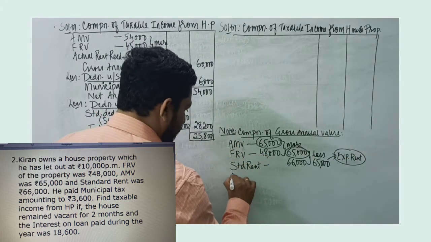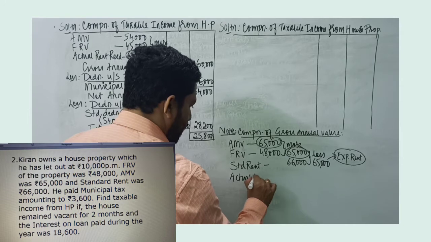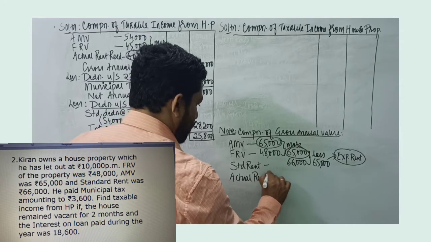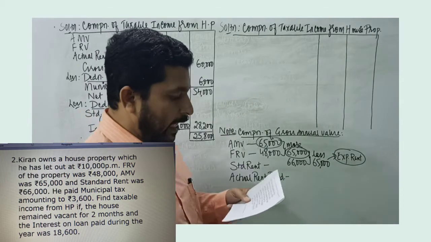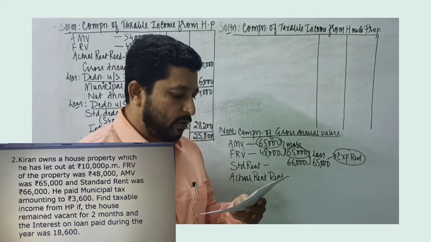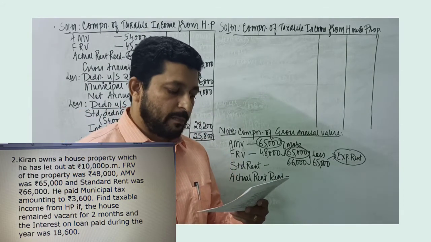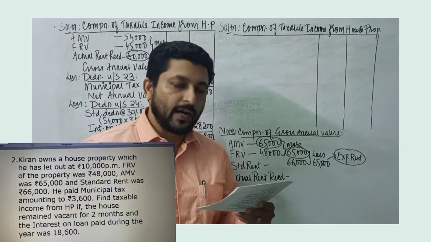Here I find 65,000 is lower, and this 65,000 becomes expected rent. I compare that with actual rent received. In this particular problem, the rent per month is given as 10,000, and the house remained vacant for 2 months.